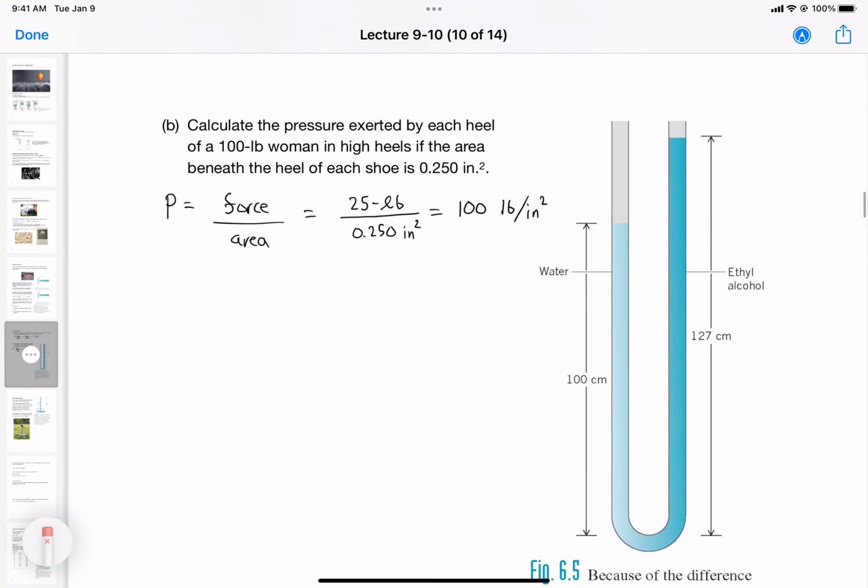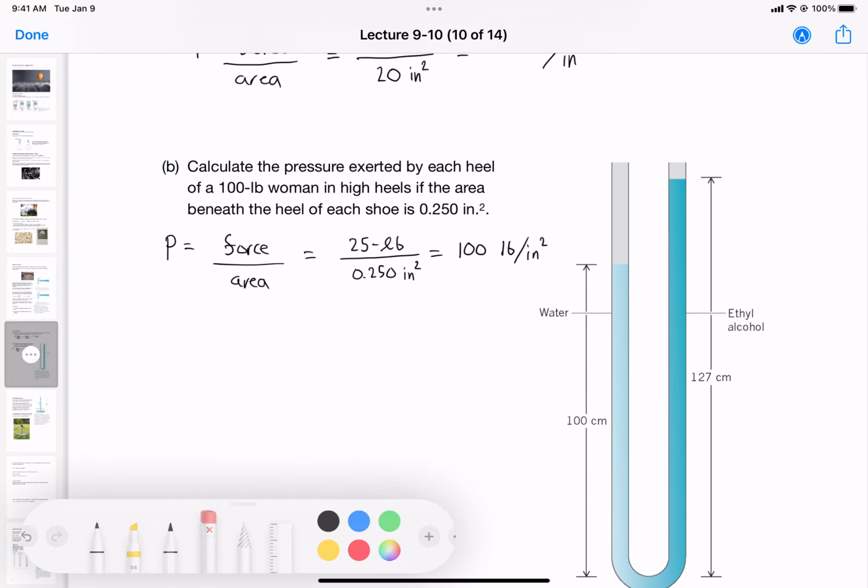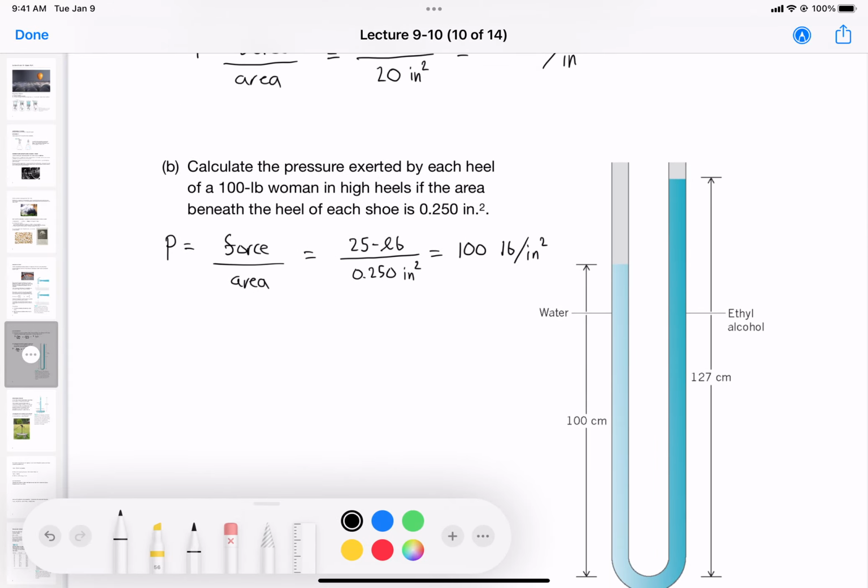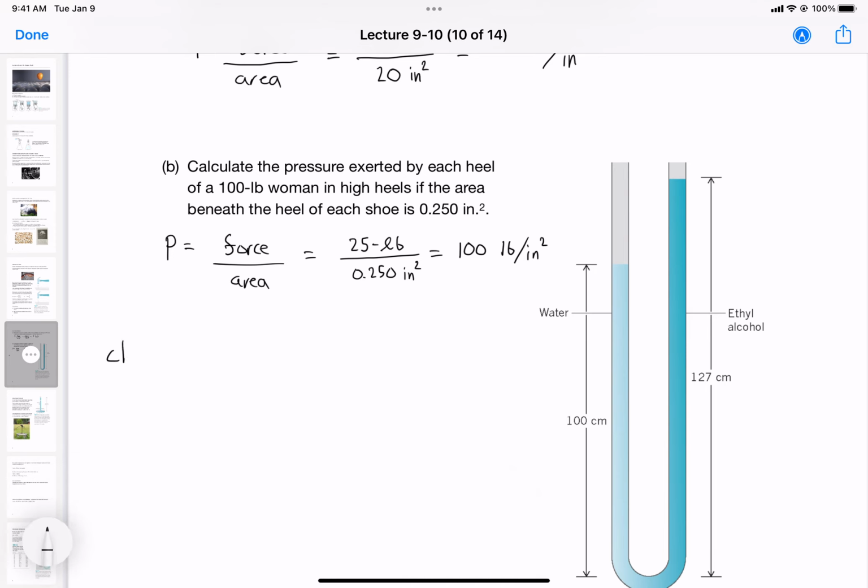Okay, so I put this picture here. Oh, before we get to the picture, let's just do a checkpoint example here. Checkpoint. Example.